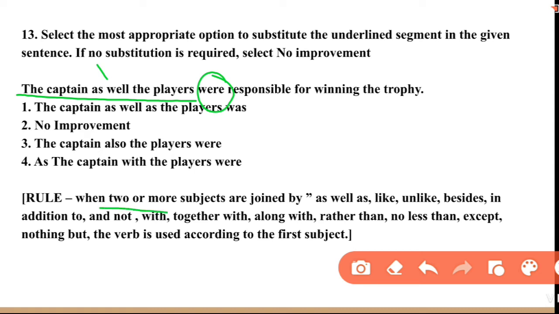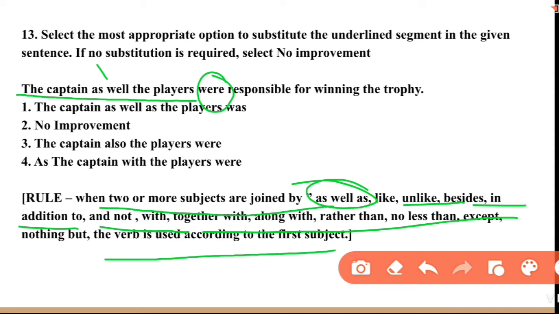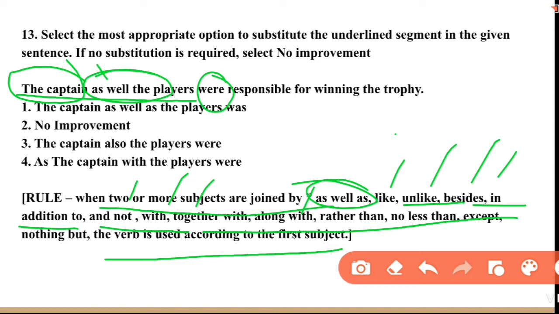If two or more subjects are joined by linkers like as well as, unlike, besides, in addition to, and not, with, together with, along with, then the verb should follow the first subject.